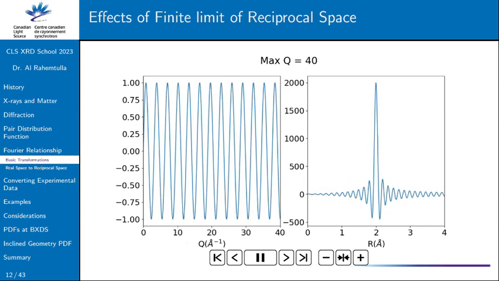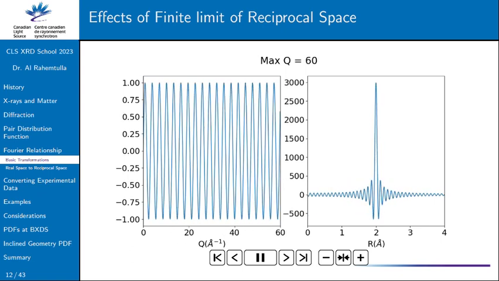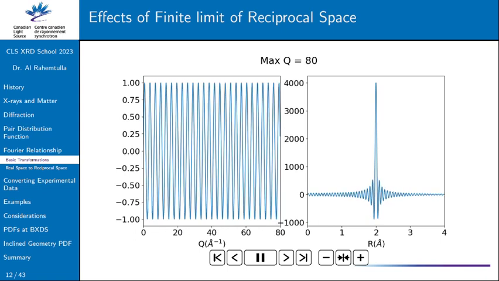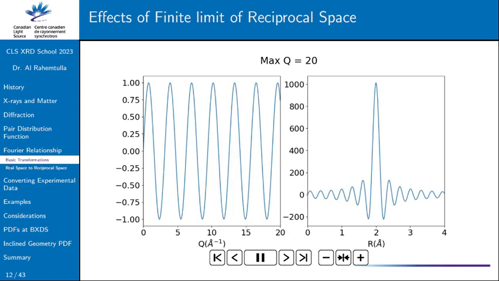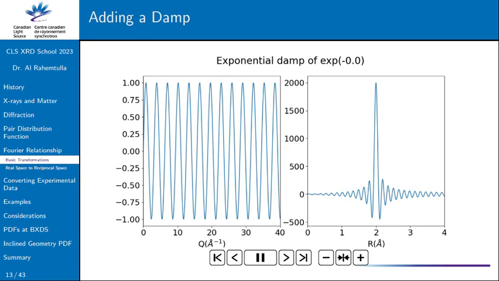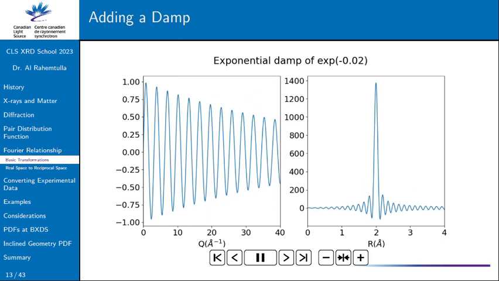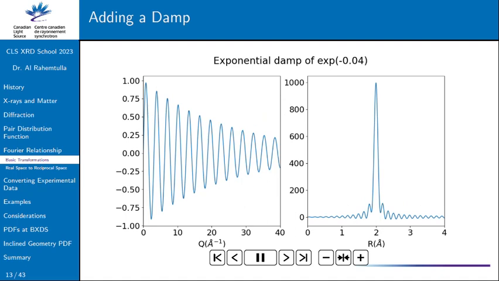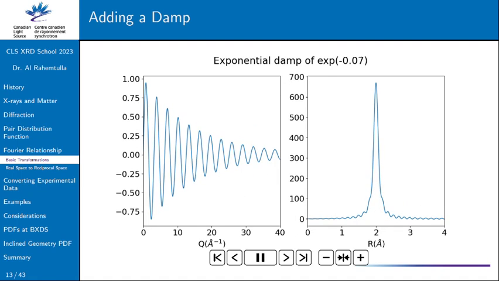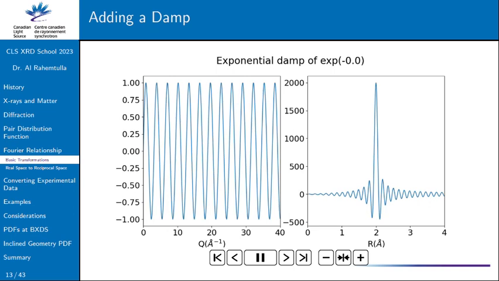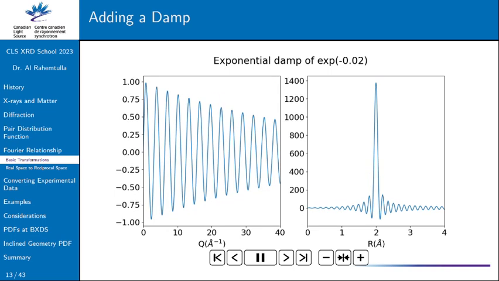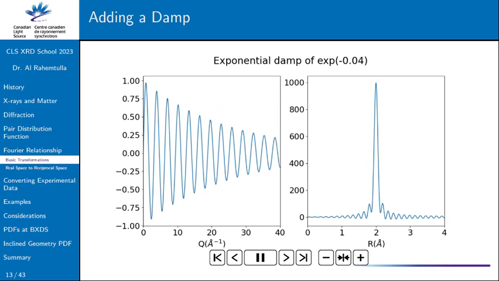And we can see as we go further and further out, these little ripples start getting tighter and tighter. And because, of course, we're doing this infinitely tight, they'll never really go away. The other thing we can consider is if we had a damp here, we can start making those ripples go away. And eventually they start turning into a Gaussian as this function collapses more and more.